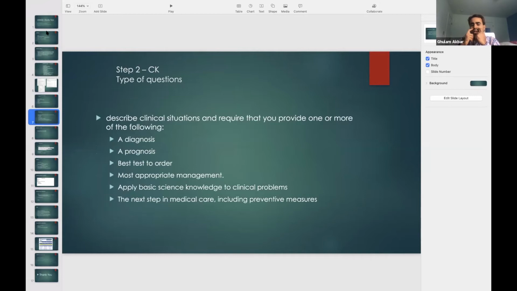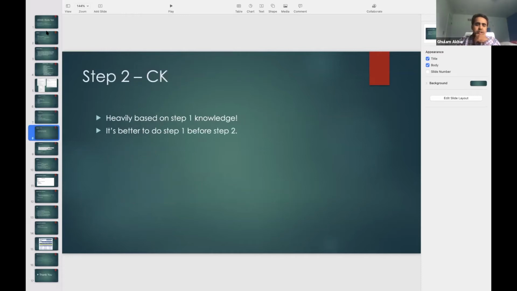The types of questions you get in CK are focused on diagnosis, prognosis, best test to order, the sequence, based on the clinical scenario they give you, most appropriate management, and applying basic science knowledge to clinical problems. The other one is preventive measures, what you should do to prevent a disease.